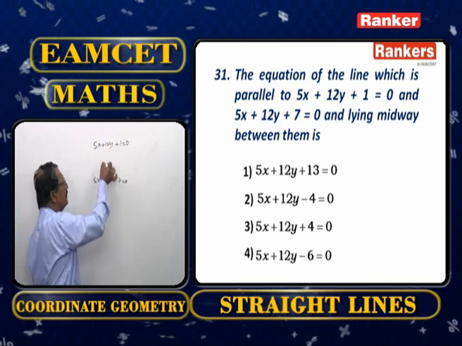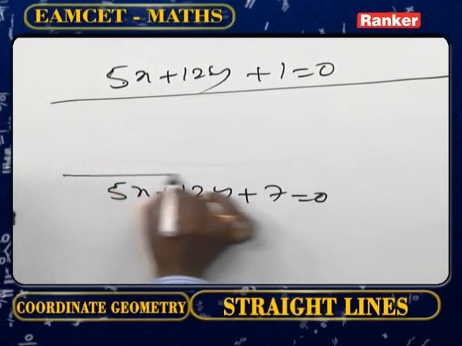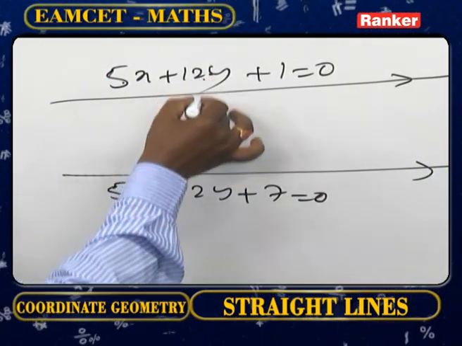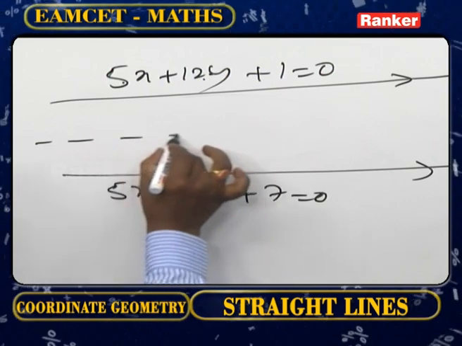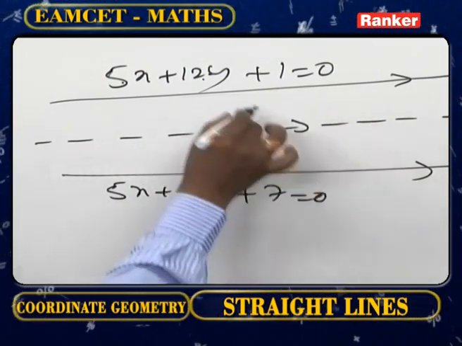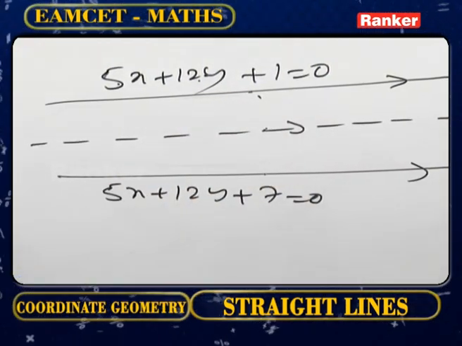Now, the given two lines are parallel to each other. The required line is parallel to these two lines and midway between them, that is, equidistant from the two lines.